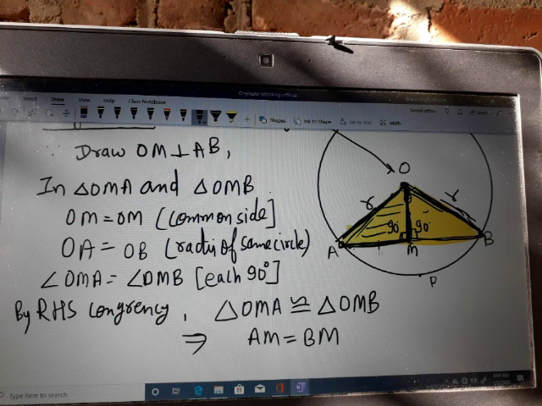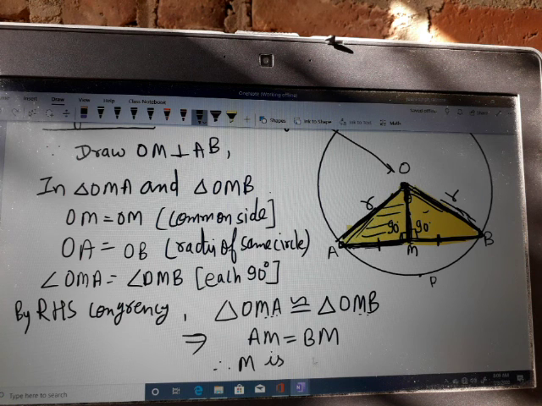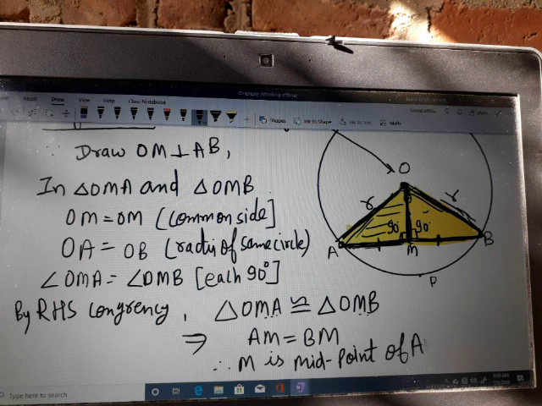So this distance AM, this distance BM, are equal. This is MA or AM equal to MB or BM. It means M is the midpoint of AB. Therefore M is the midpoint of AB.